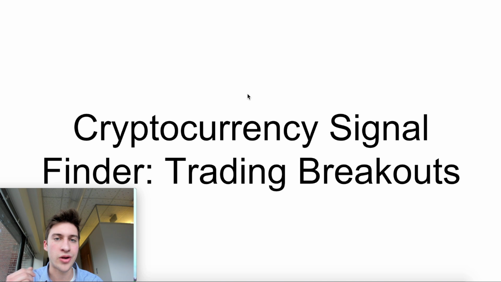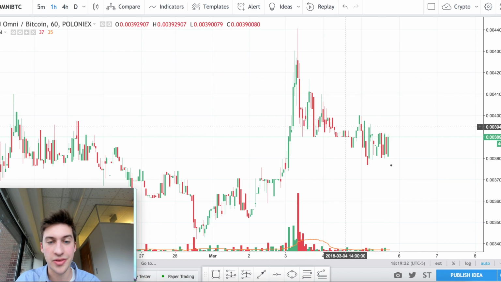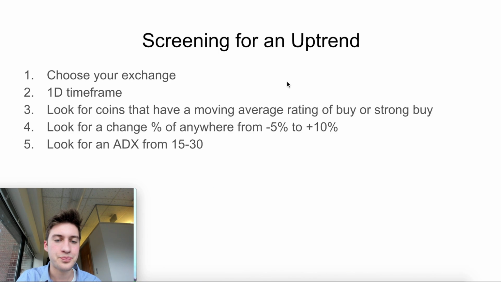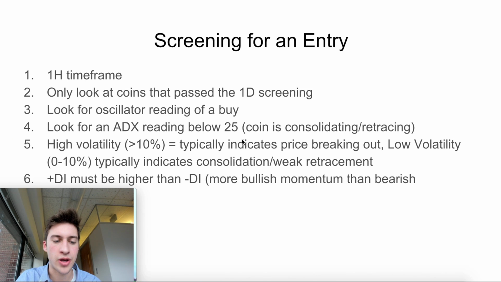Then look for a coin on the 1 hour that is either weak retracing, or is moving sideways in consolidation. Both are fine. Once you see that that is occurring, you want to make sure that other factors are met, like ADX and volatility and plus DI and minus DI. If those factors are met, then set your buy order ready, and you can enter the trade. And that's basically the strategy for trading breakouts or continuations of a trend.